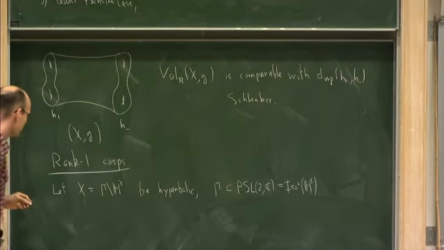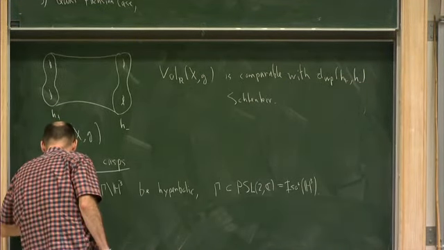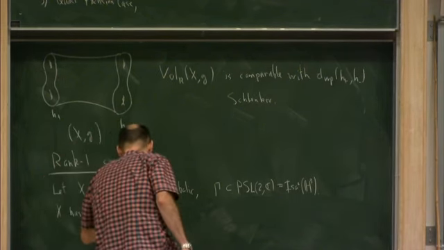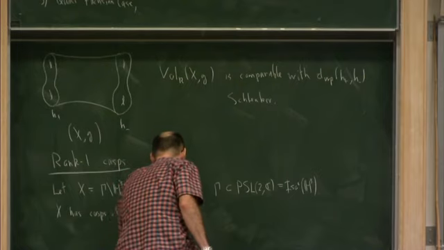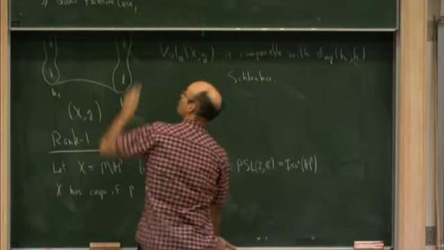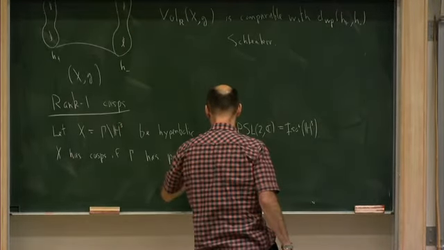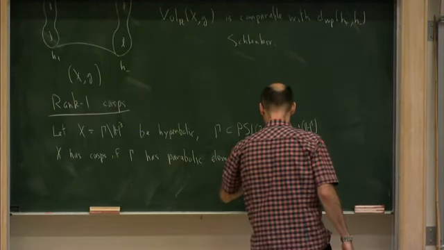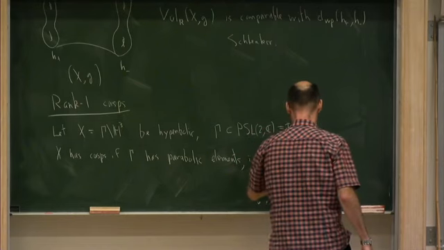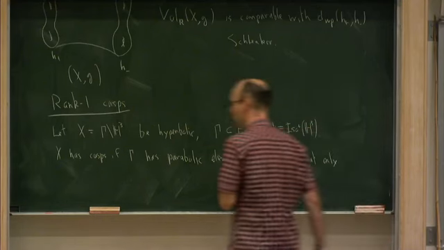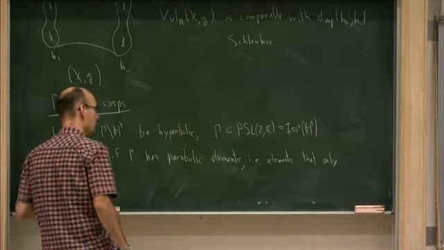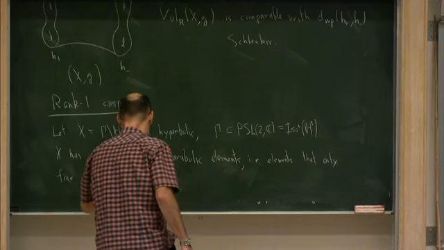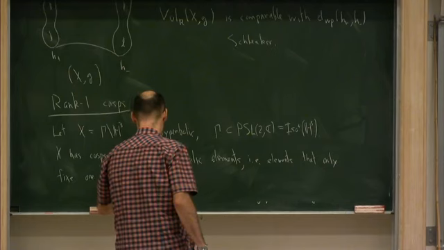So from that perspective, we say that X has a cusp if gamma has a parabolic element, namely an element that fixes only one point P in the boundary compactification of hyperbolic space.